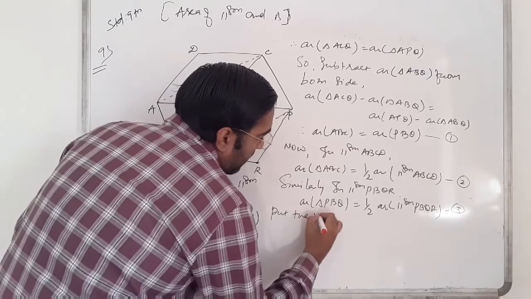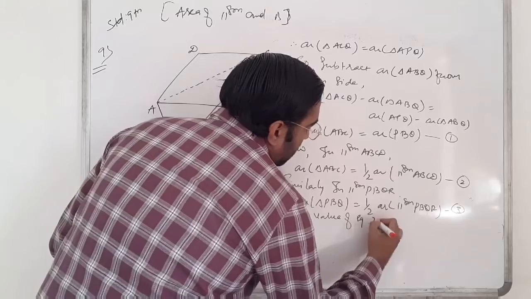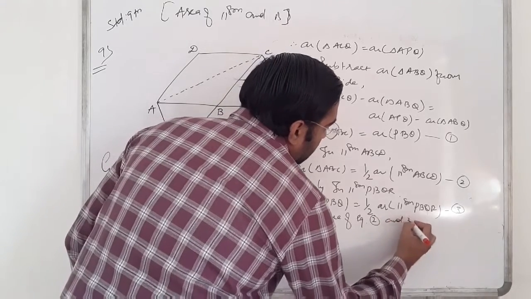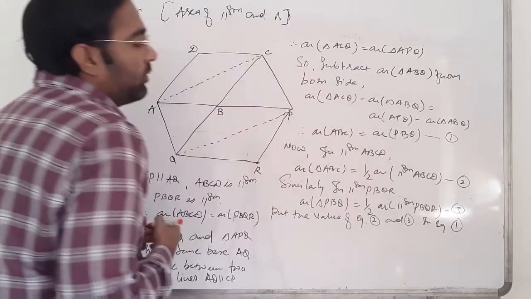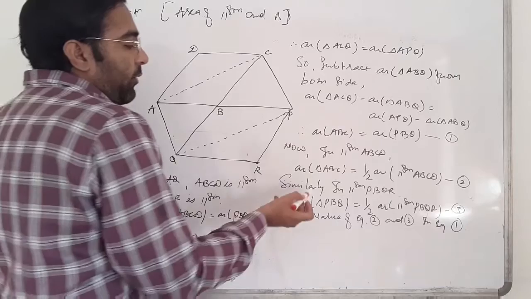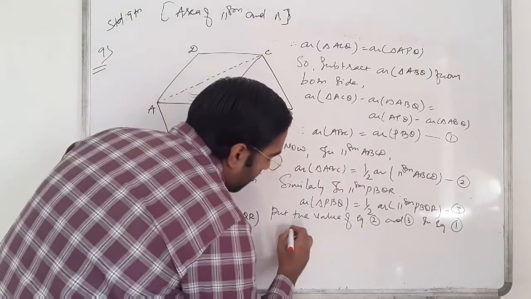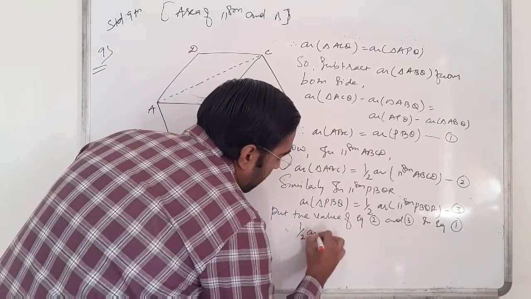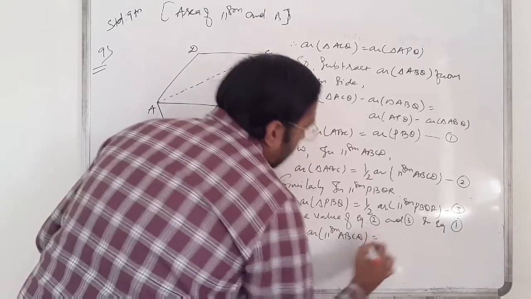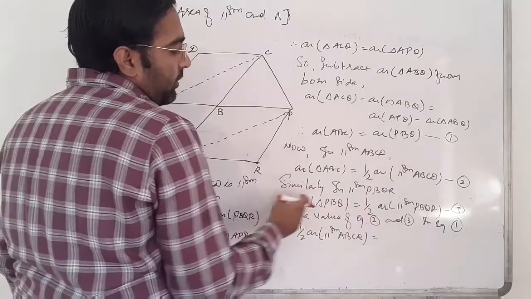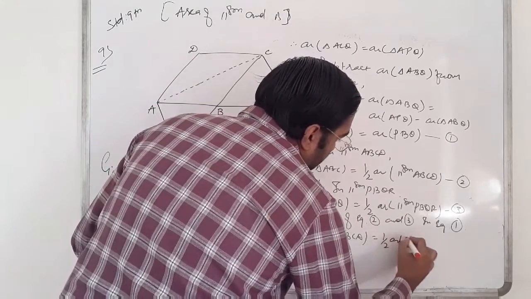Put the values of equations 2 and 3 in equation 1. Now ABC is half of ABCD, so half of the area of parallelogram ABCD is equal to triangle PBQ, which is half of the area of PBQR.